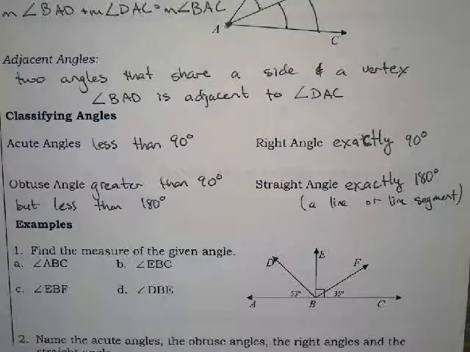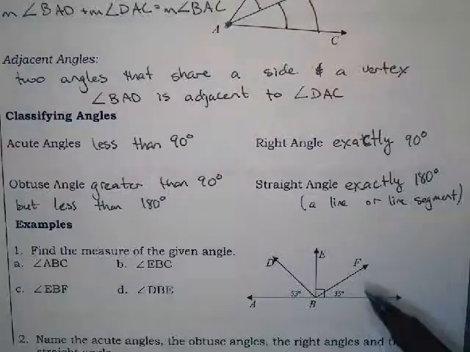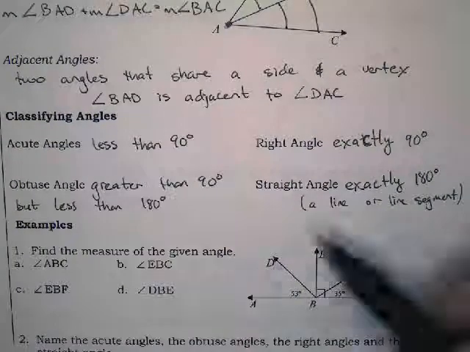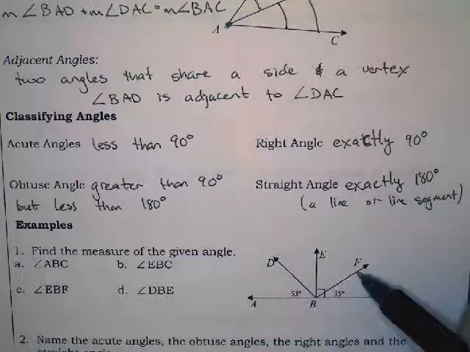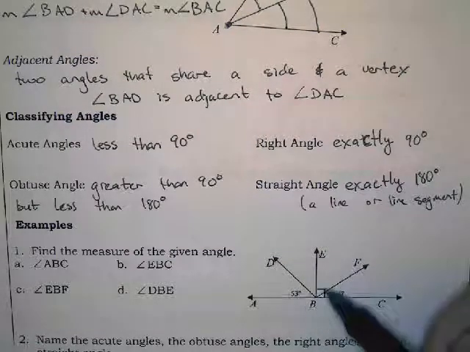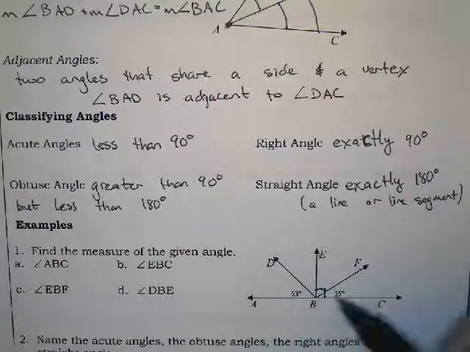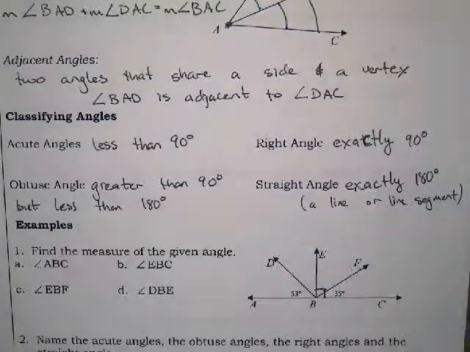So let's find the measure of each angle, just using the information that we know. Okay, so what we can say is, well, if EBC, right here, this little box right here is telling me that that's 90 degrees, and then FBC is 35, what does EBF have to equal?